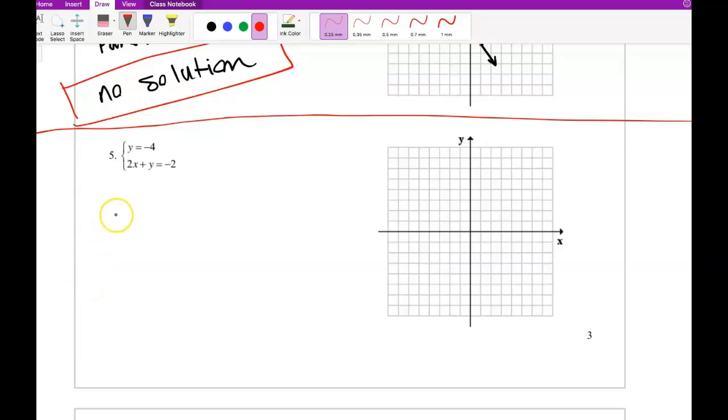Okay, now number 5, y equal to negative 4, and here is 2x plus y equal to negative 3. Again, solve for y, subtract 2x. And here we have y equal to negative 2x minus 2.